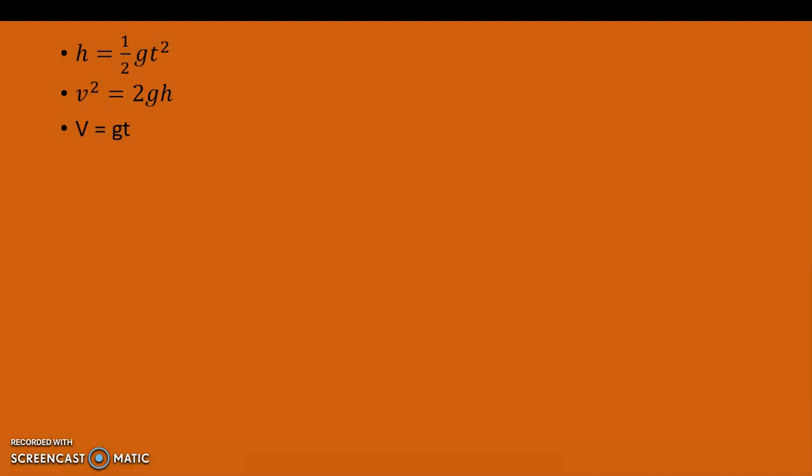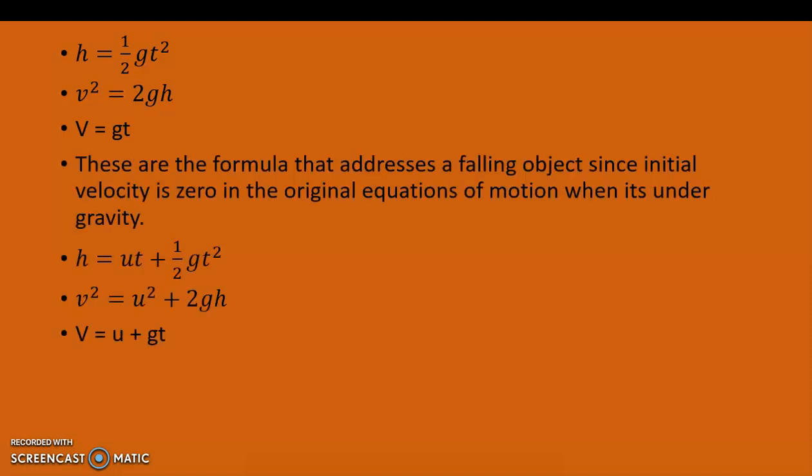Now check out these three formulas. These are the formulas we use in addressing vertical motion. They are formulas that address a falling object, since initial velocity is 0 in the original equations of motion when it's under the influence of gravity.